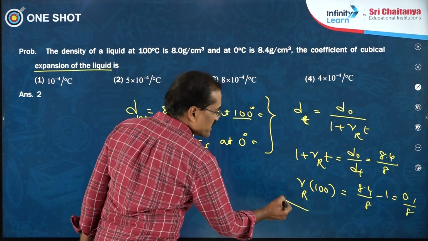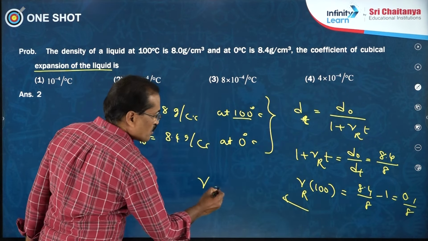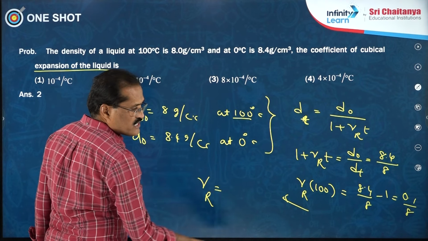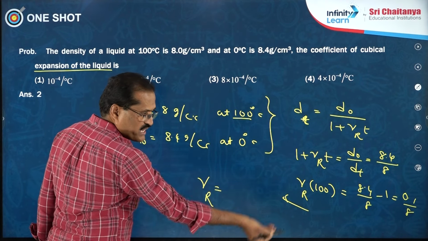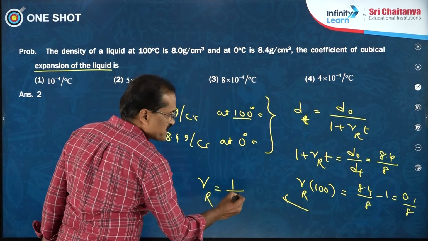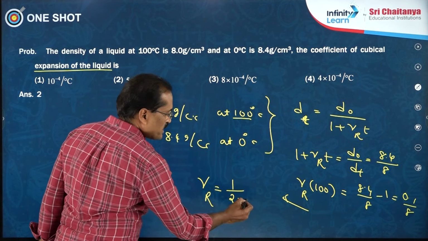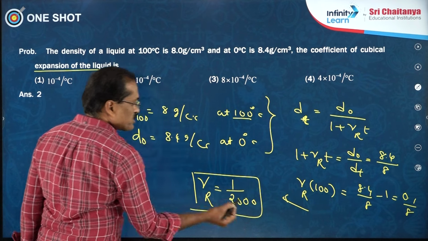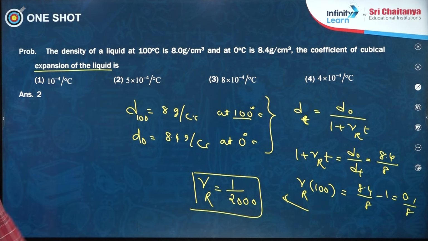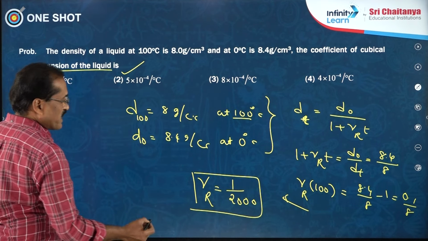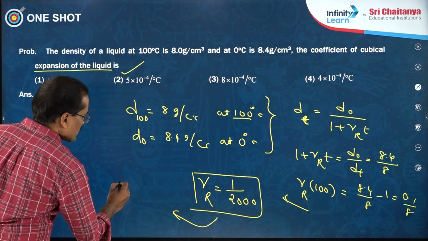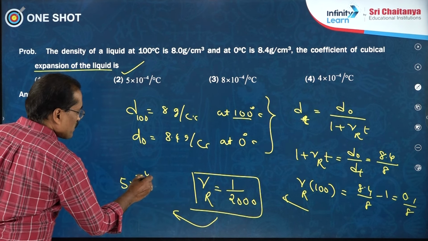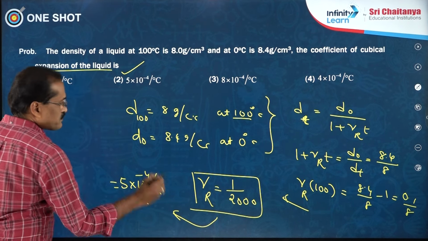So, children, next step: gamma R into 100 is equal to 0.4 by 8, so gamma R is equal to 4 by 80, which is 1 by 20, into 1 by 100. This 100 also goes to that side, so gamma R is equal to 1 by 2000 per degree Celsius, which is equal to 5 into 10 power minus 4 per degree Celsius.